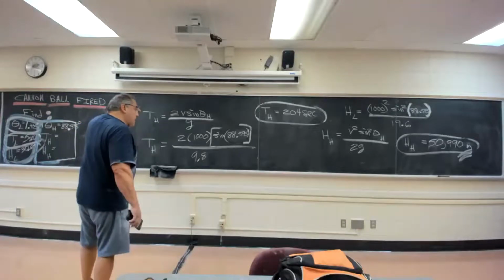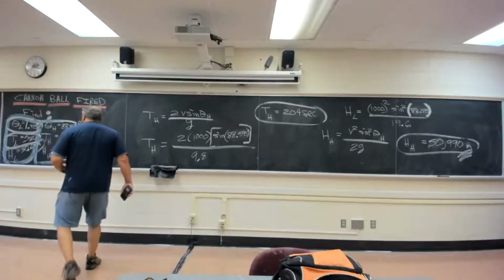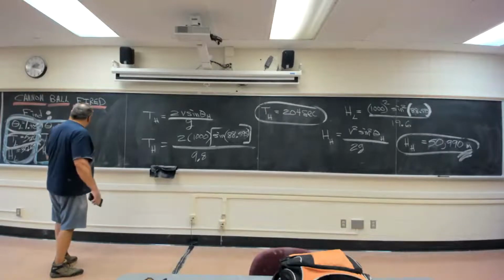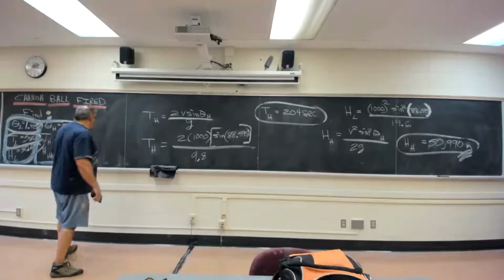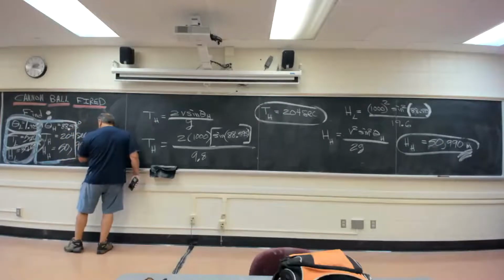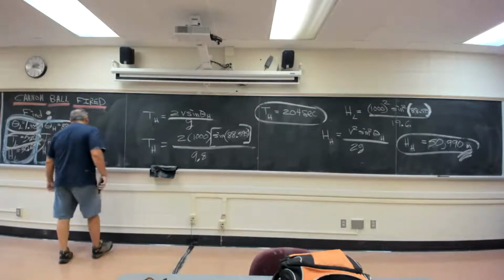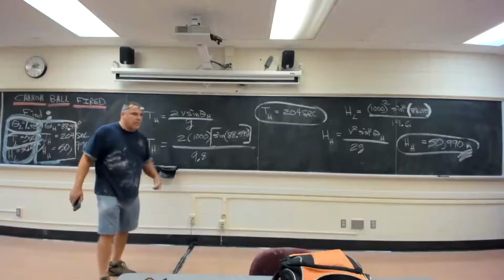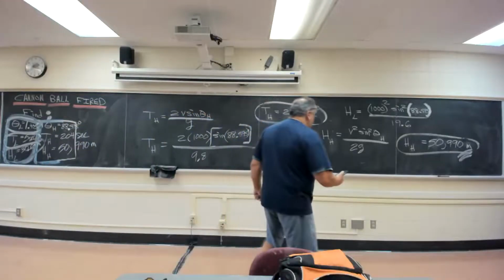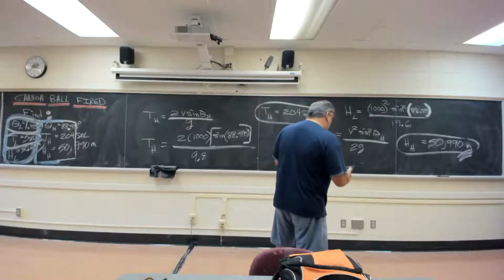So we got 204 seconds and 50,990. That's probably too much of a round off, guys, but I'm trying to give you a ballpark idea of what's going on. First of all, let's see if it's right. This could easily go wrong for us too.